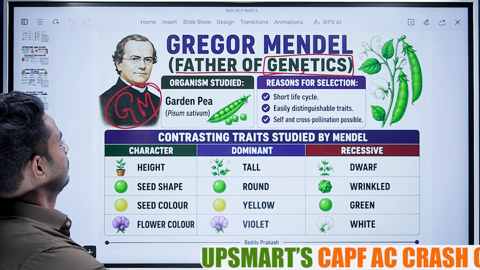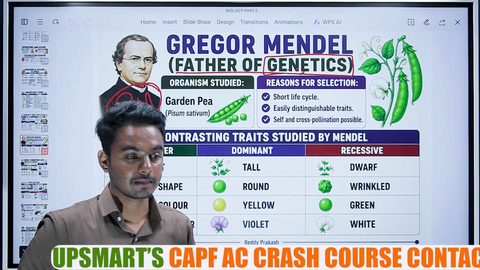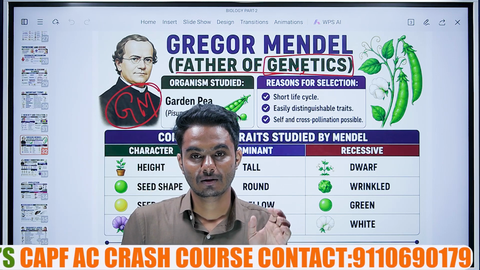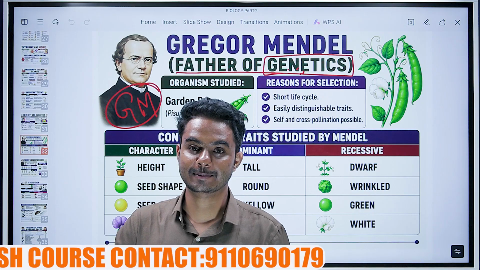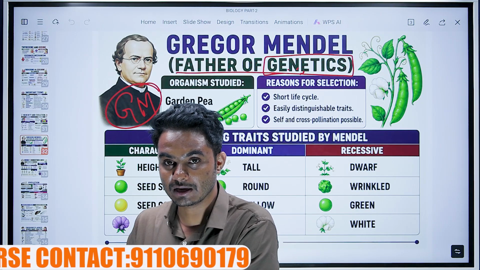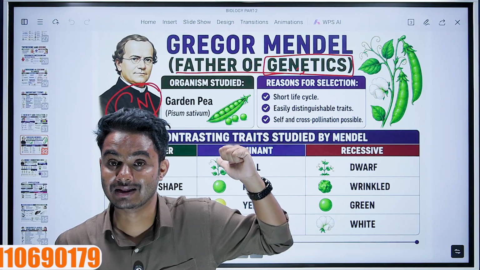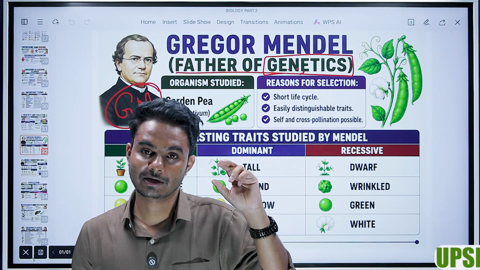To understand genetics and heredity, some experiments were needed. But someone can't do the experiments on a person, Homo sapiens, because by the time he does experiments on his babies, the person would have been dead. So what Gregor Mendel did very intelligently is he picked a particular plant.